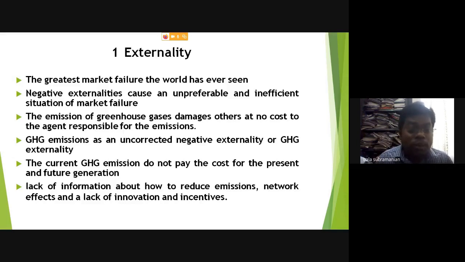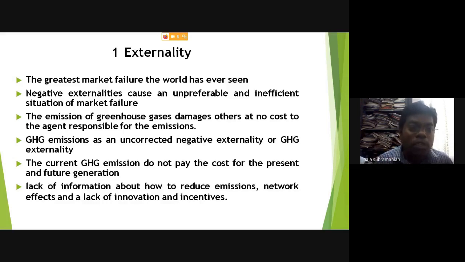For example, in the context of climate change, your industry produces a number of goods and services for the society for human purposes. How does the production impact the environment in a positive way, or in a negative way? So in production there are two aspects: one is the positive way, another is the negative way.